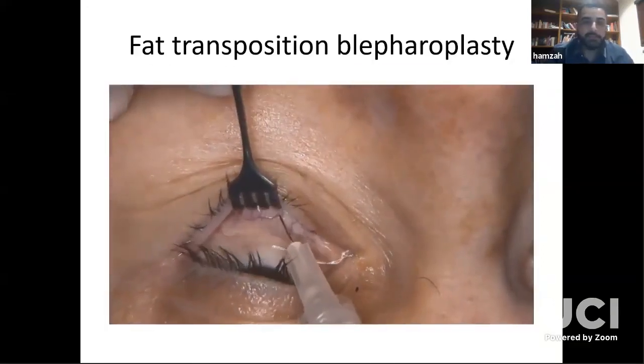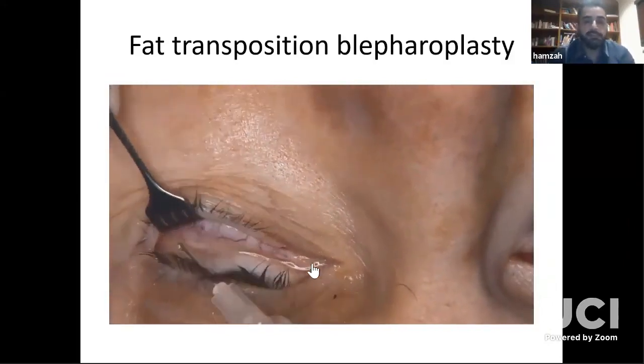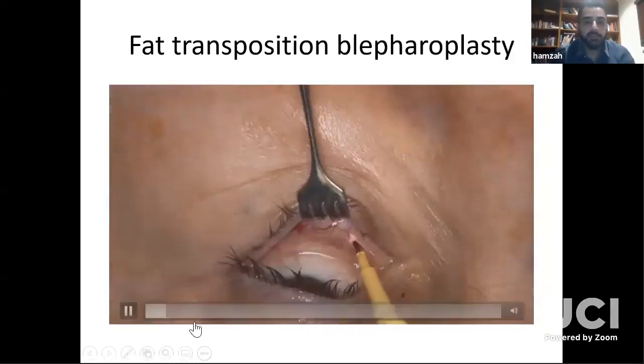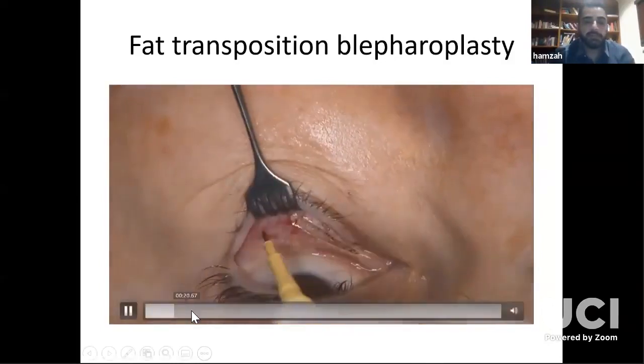And so this is a video of the fat transposition blepharoplasty, with local injection. Here using a cautery to incise the conjunctiva.